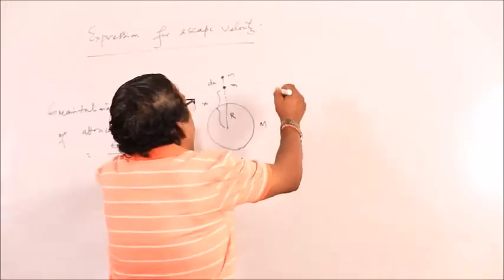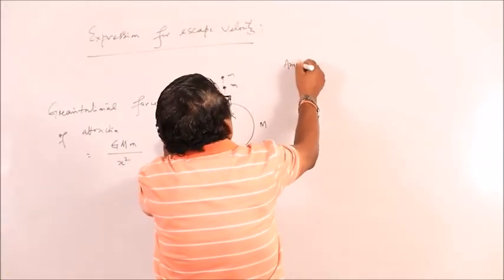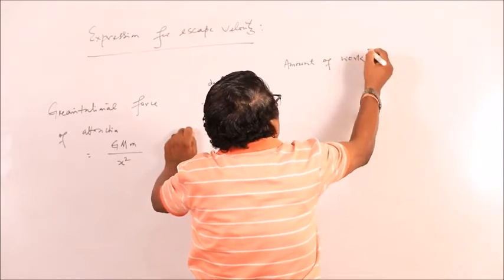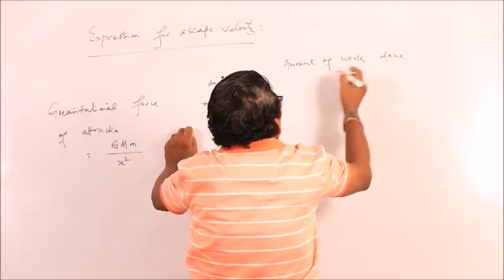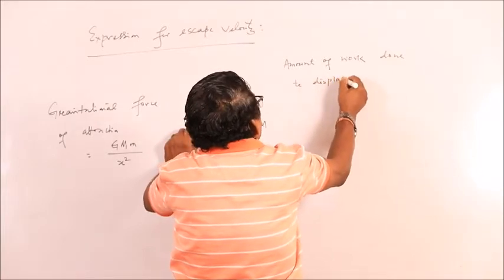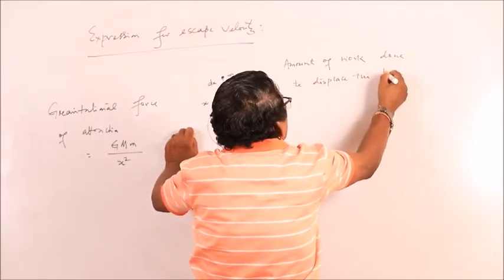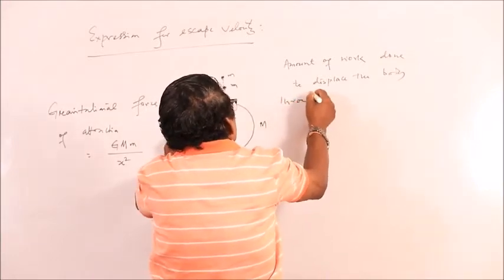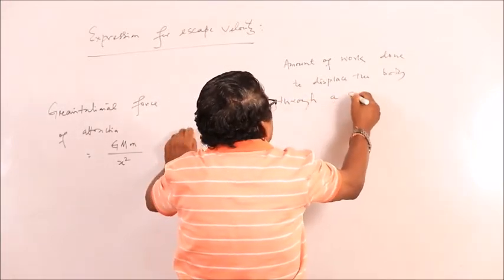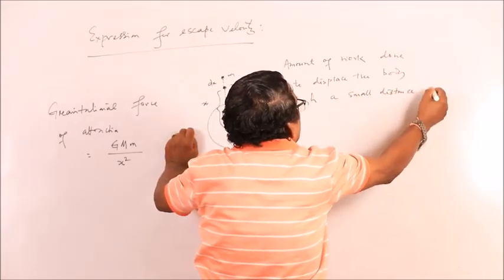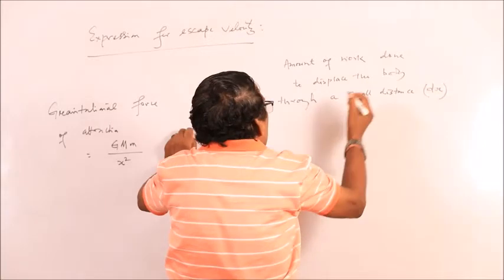Amount of work done to displace the body through a small distance dx is equal to how much?